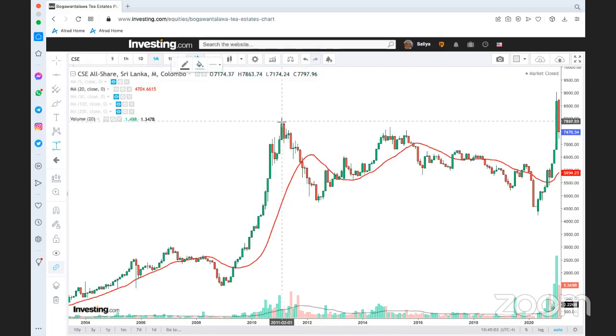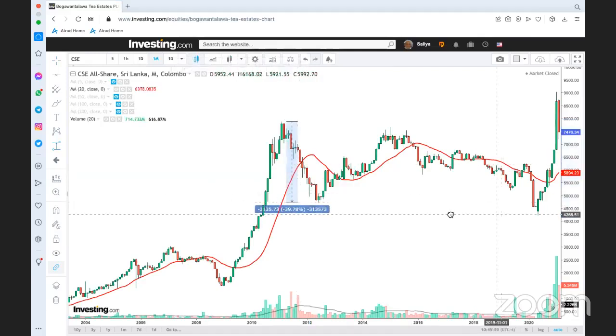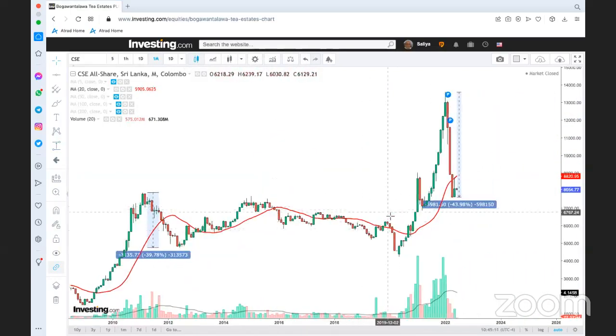This is in 2011. You can see that it came down 39%, right? Now here also there was a shocker during the COVID period, but there again it didn't come down that much, right?